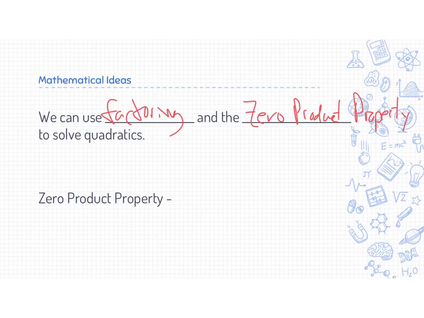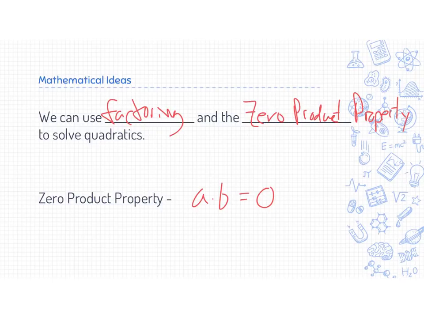Now, what the zero product property essentially means is if I have two things multiplied together, we'll call it a and b. a and b are just variables that represent any possible number. But we say that a times b is equal to 0.